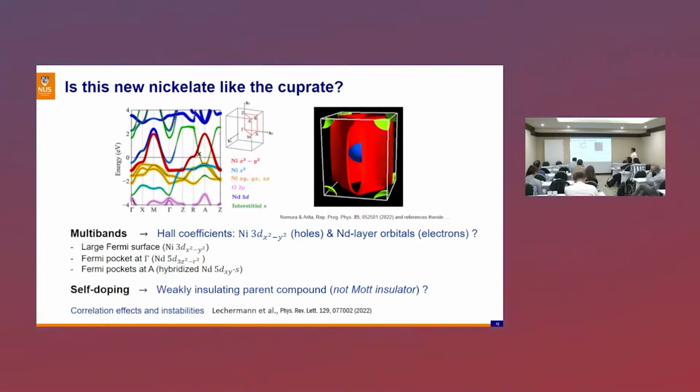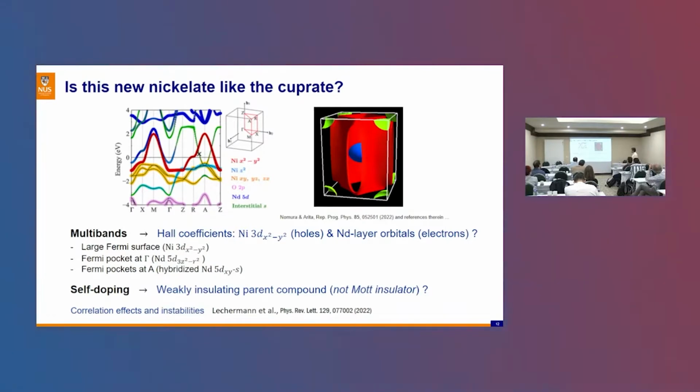So it's dominantly the Fermi surface having this 3d x squared minus y squared. And then at the A point, you can see this pocket of hybridized Nd 5d xy and probably interstitial s state. As well as at the center, the gamma point, you also have this Ni 3z squared minus r squared orbital.